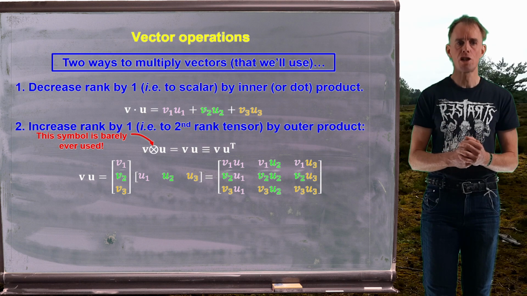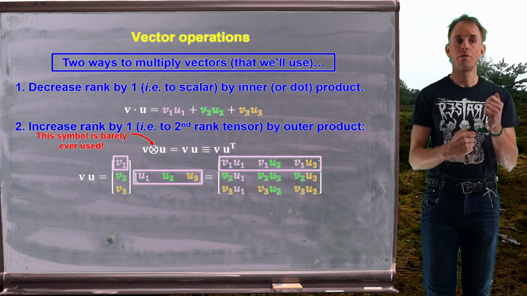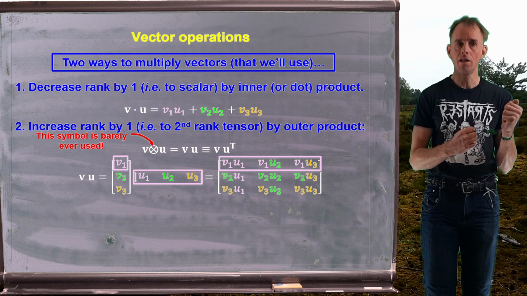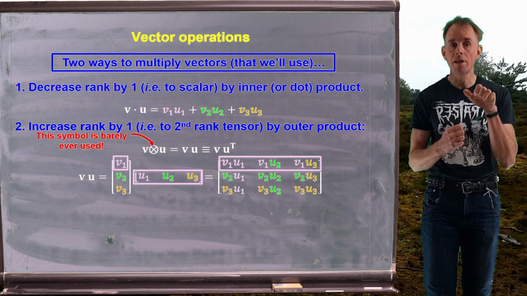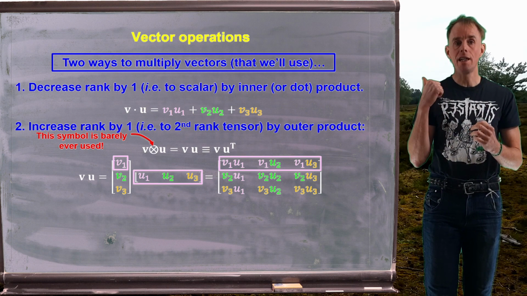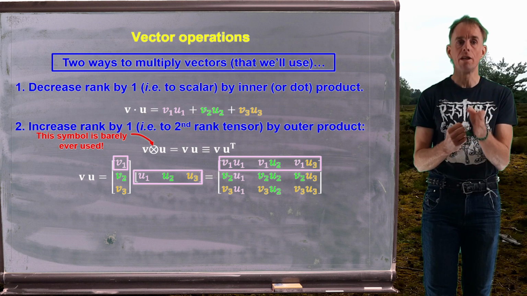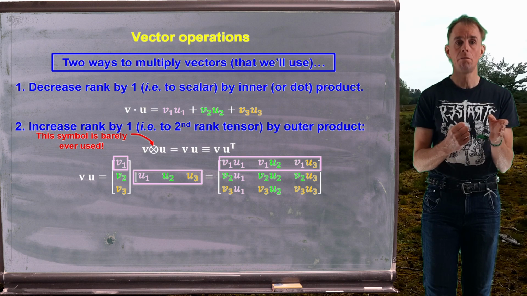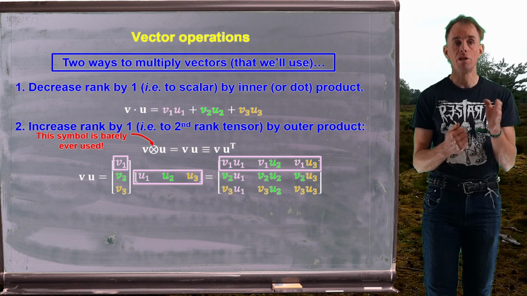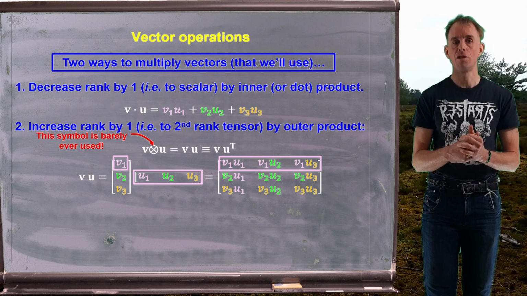And if we look at the operation that we're doing, the top row of the answer is the top row of the column vector multiplied by the only row of the row vector. And so the position in each of the columns in the final result is dependent on each of the columns in that row vector. So we've got v1u1 in the 1,1 position, v1u2 in the 1,2 position, v1u3 in the 1,3 position.